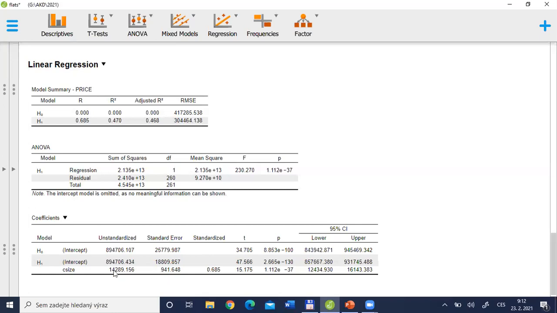So you take the value, divide by standard error, and this ratio follows approximately a t-distribution, which is very close to the normal distribution, only the t-distribution has longer tails. And if your sample size is more than 30, the t-distribution is nearly the same as the normal distribution. So here the ratio of these two values is approximately 15.